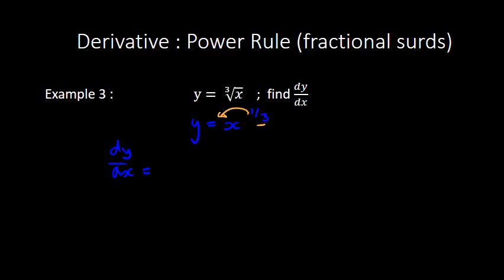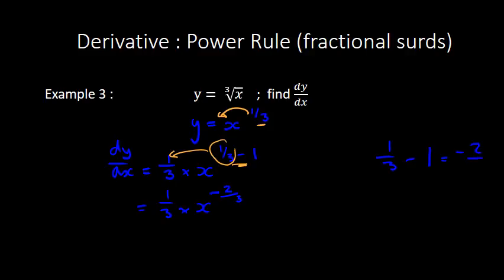So we'll end up with 1/3 out the front multiplied by x to the power of 1/3 minus 1. So again, the old power goes down the front and we subtract 1. We'd end up with 1/3 times x to the power of negative 2/3. That is to say, 1/3 minus 1 equals negative 2/3.